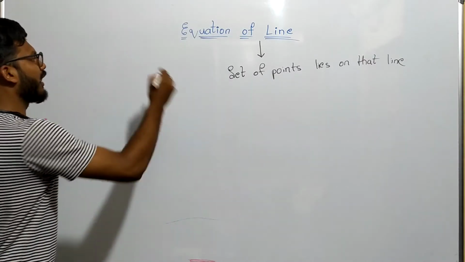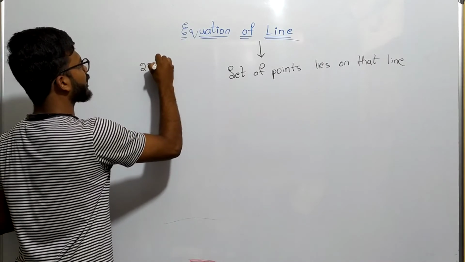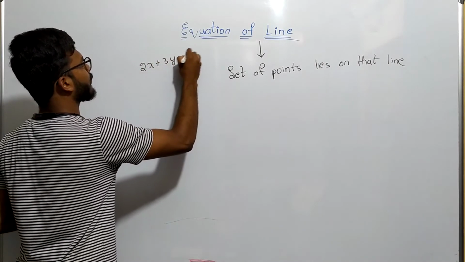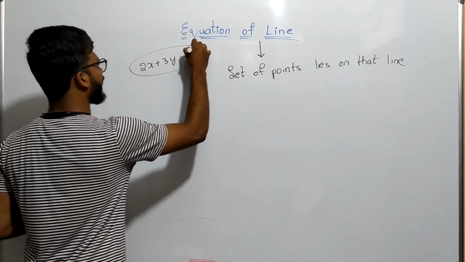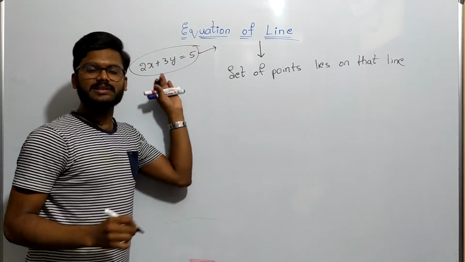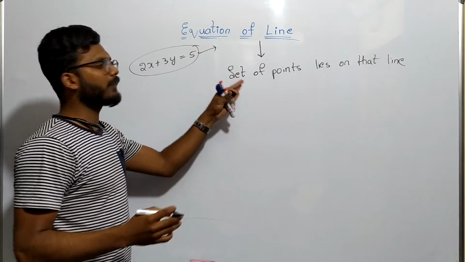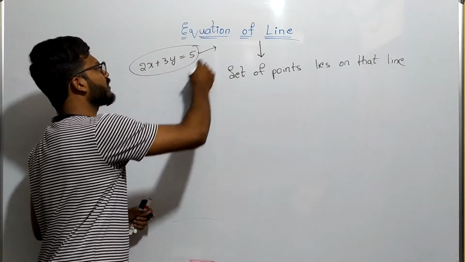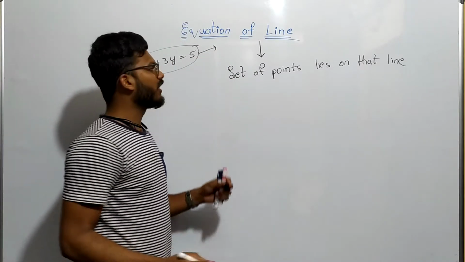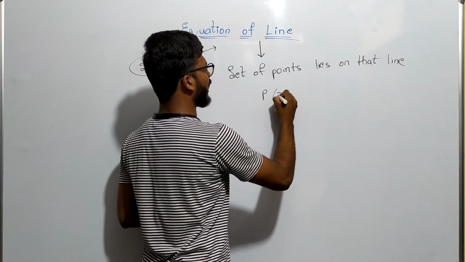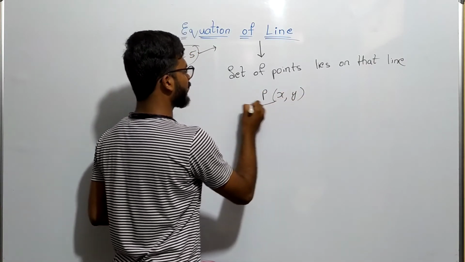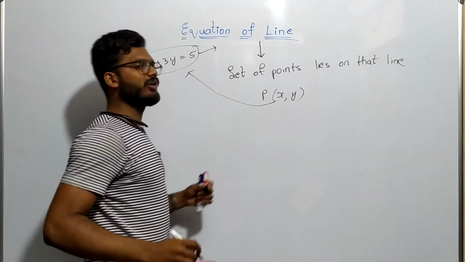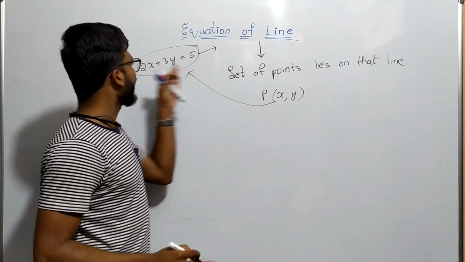If I say 2x plus 3y equal to 5 is the equation of a line, this line represents all the points which lie on this line, or else if you take any point P(x, y) that satisfies this condition, then you can say P lies on this line.